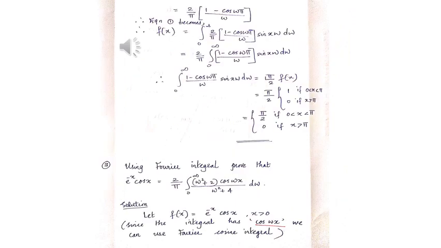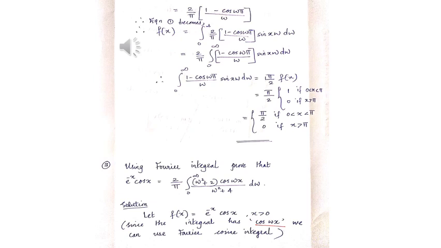After taking the Fourier sine integral, we will get the value 2 by pi into (1 minus cos omega pi) divided by omega. This value we can substitute in equation 1, in which f of x becomes the integral from 0 to infinity of 2 by pi into (1 minus cos omega pi) the whole divided by omega, into sine x omega d omega.